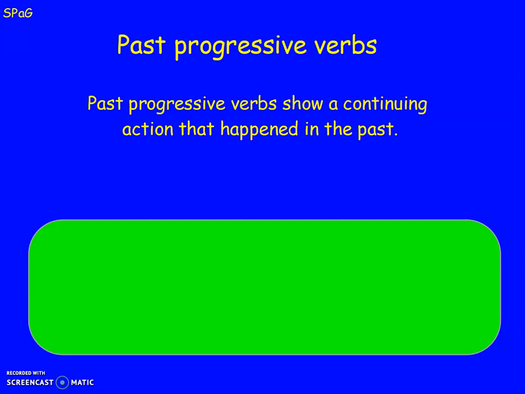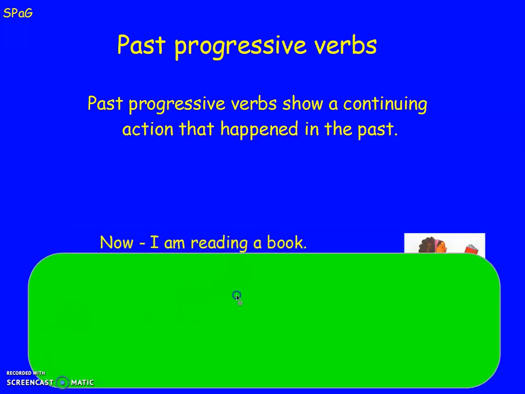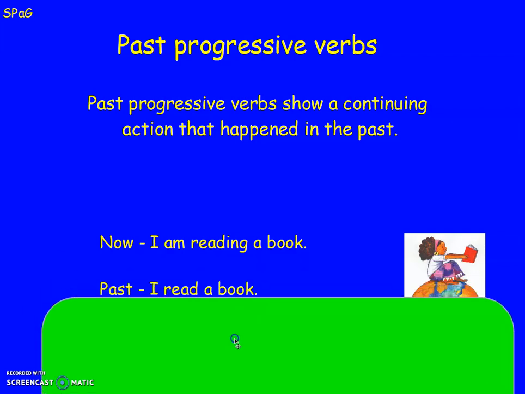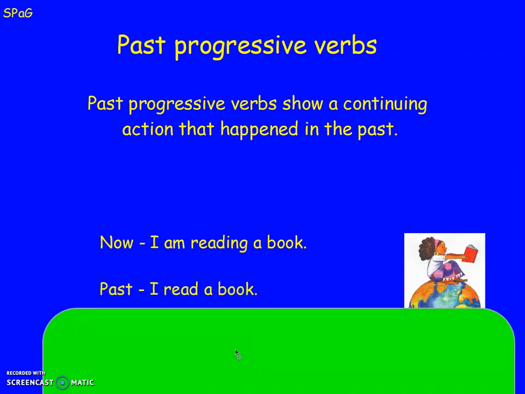Okay, so let's take a look what this means. So if it was happening right now, you would say, I am reading a book. If you're reading a book now, that's what you would say. Okay? If you read a book yesterday, you would say, I read a book. Okay? That's the past tense.